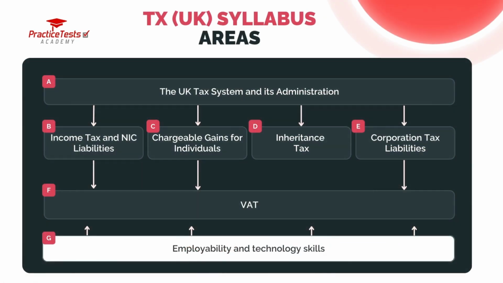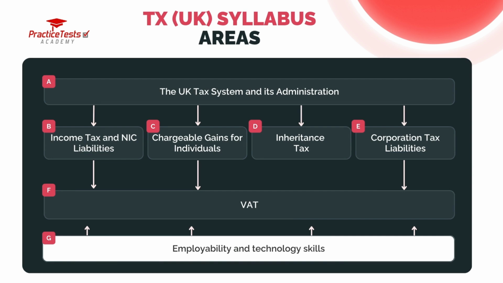Now, let's take a look at what's actually included in the ACCA TX syllabus, the UK version. It's structured into 7 parts, each focused on a different aspect of UK taxation. Part A is all about the UK tax system and how it's administered. You'll cover why taxes exist, how tax law is structured, the self-assessment system, deadlines, penalties, and what happens during compliance checks.